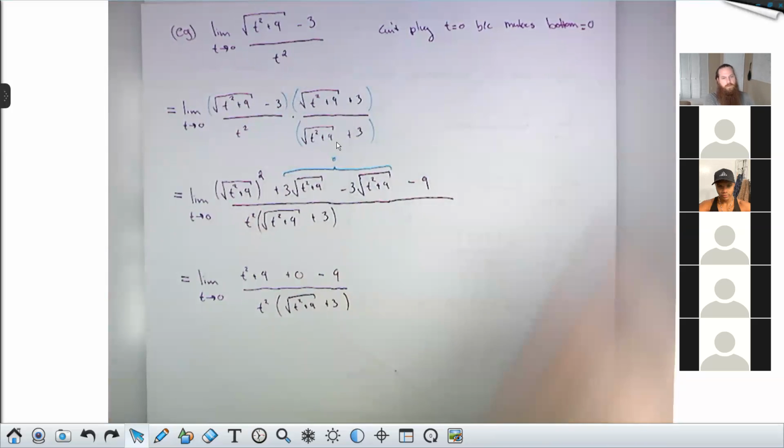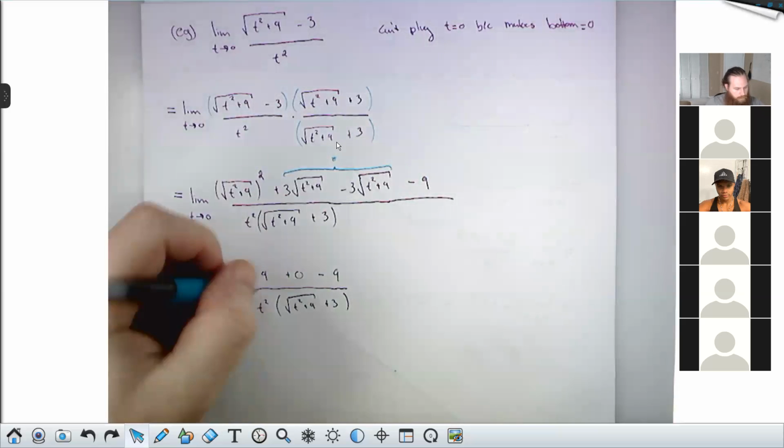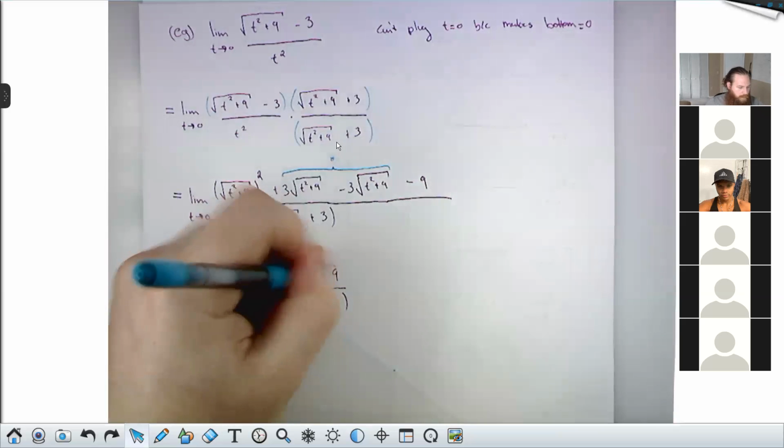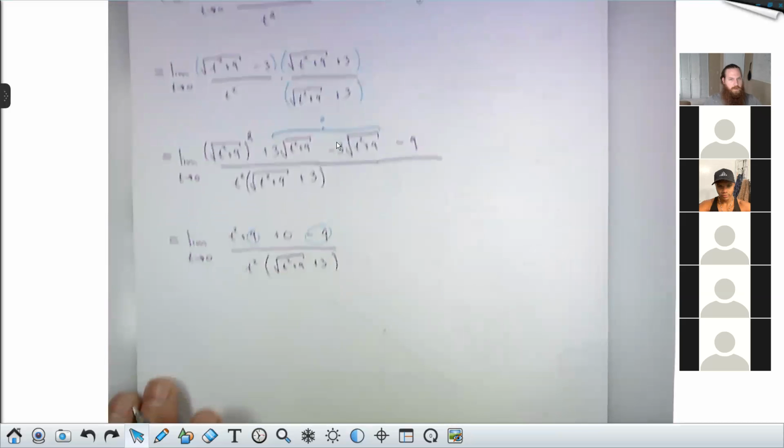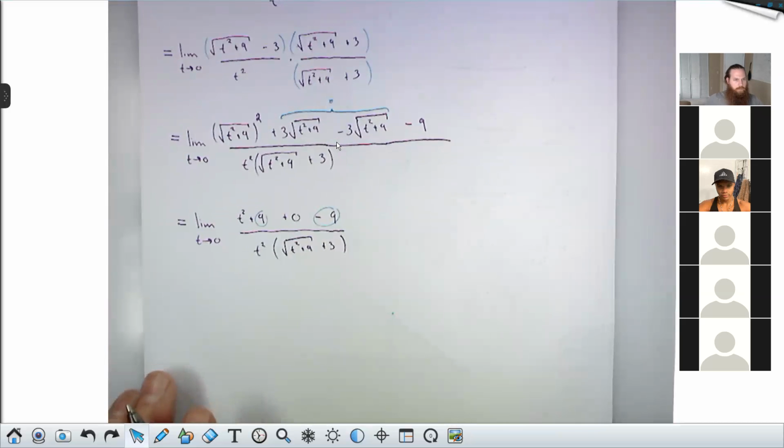Is everybody following this algebra? Similar to the last problem, I have a plus 9 and a minus 9 that will eat each other up.